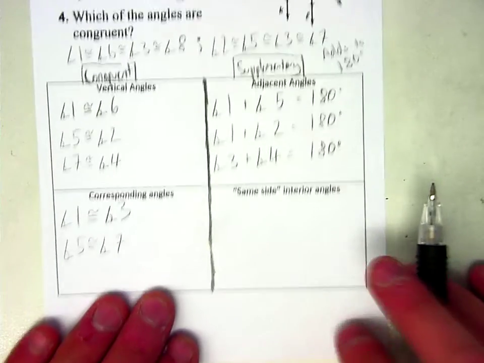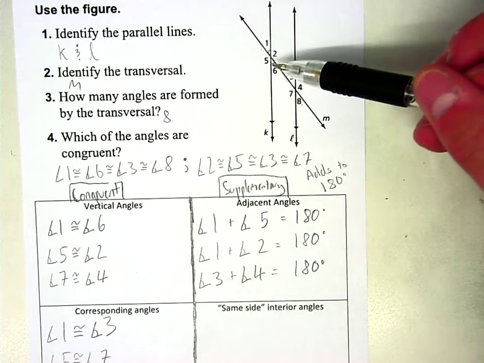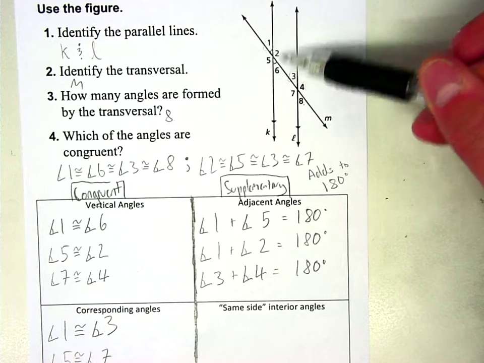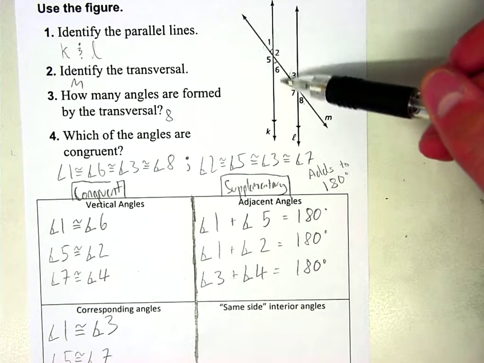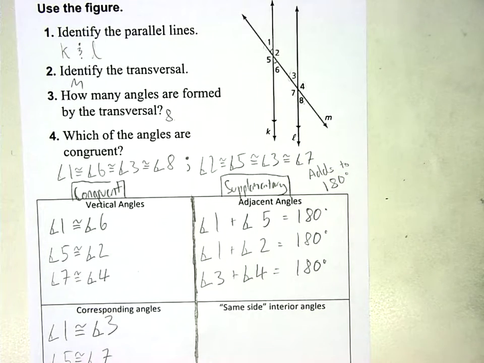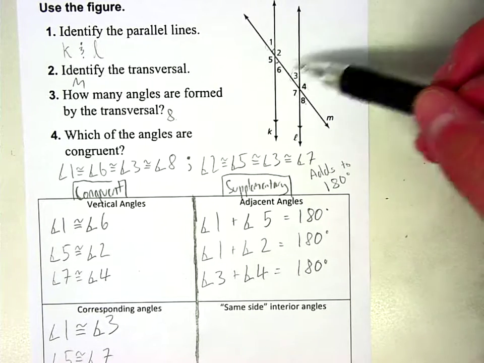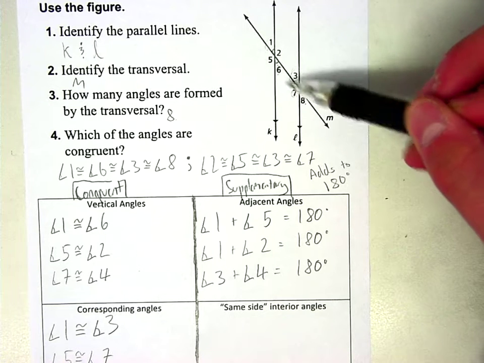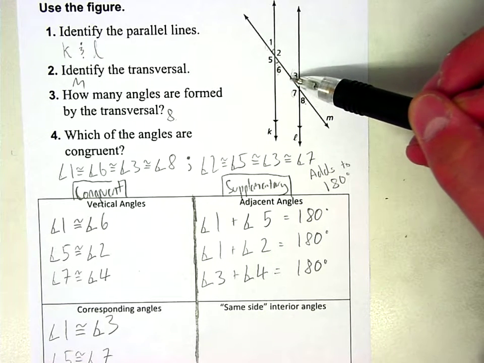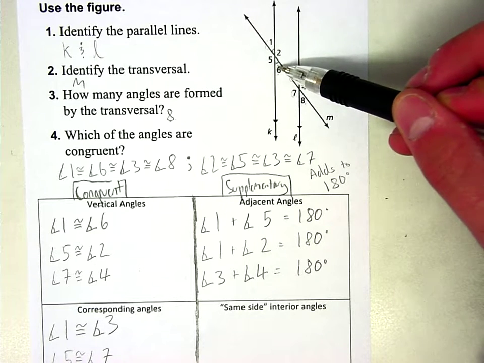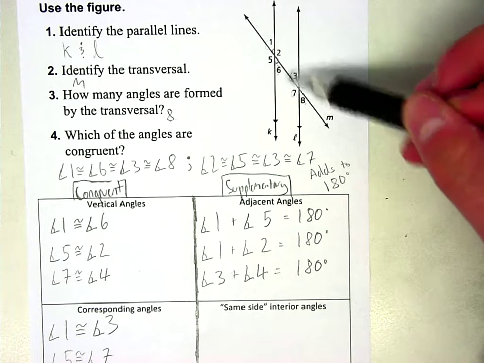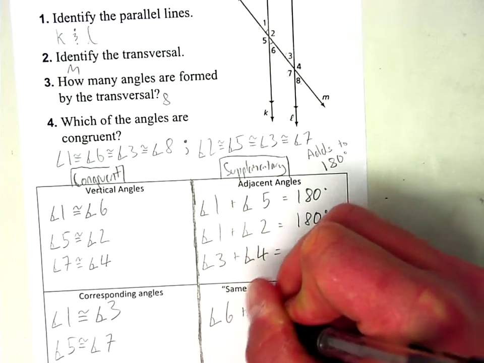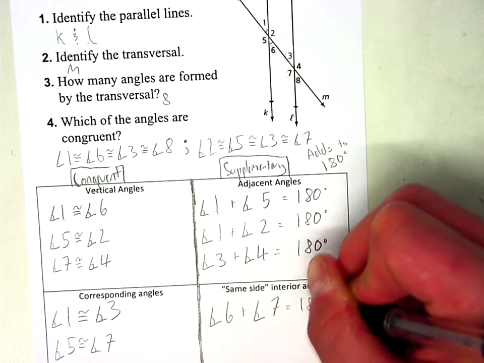Basically, if I have parallel lines and a transversal, if I look at just my interior angles, and by interior I mean angles that fall inside the parallel lines, if they fall on the same side of the transversal, those are also supplementary. So I could take a look at angle 6 and angle 7. These are both interior angles, and they both fall underneath the transversal. So these two angles are same side interior. They add to 180. So I could say angle 6 plus angle 7 is equal to 180 degrees.